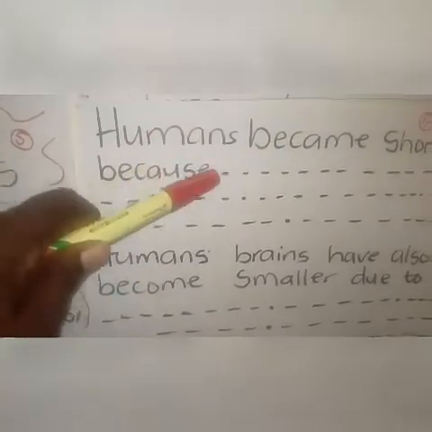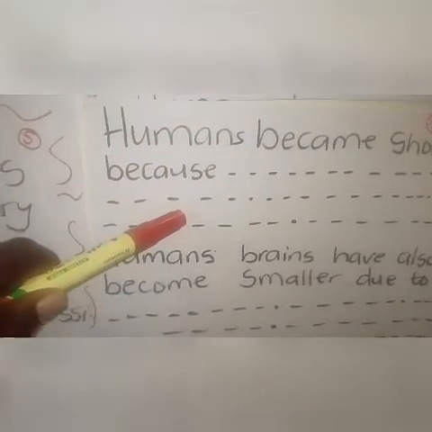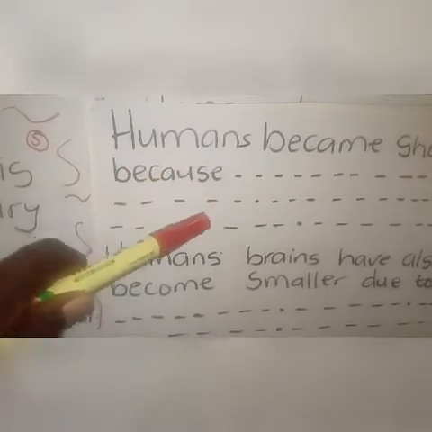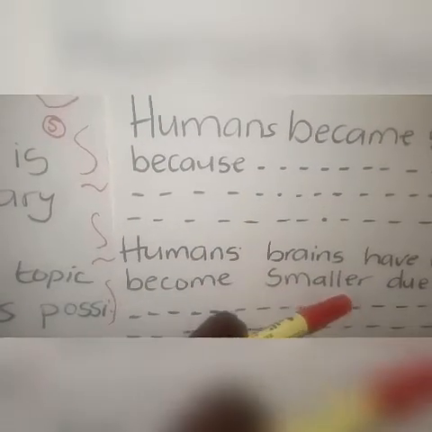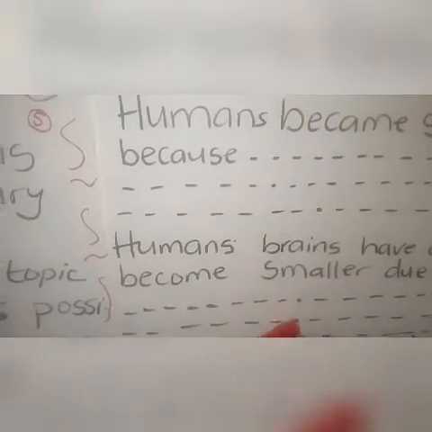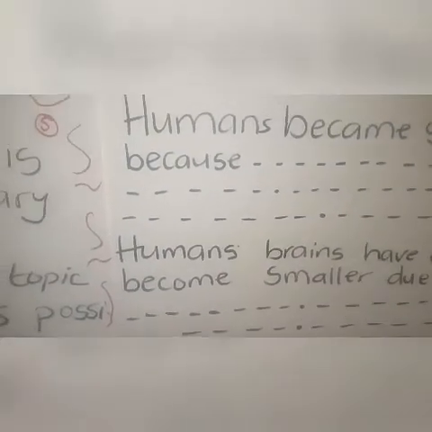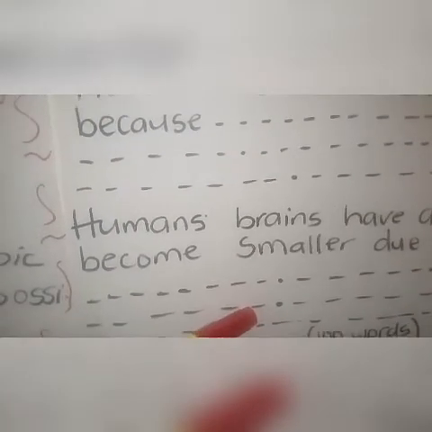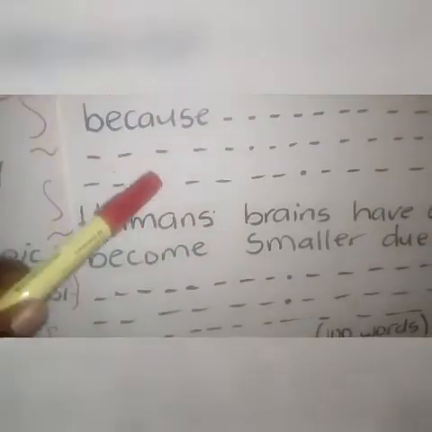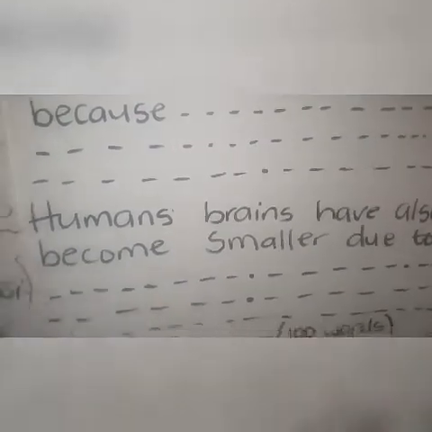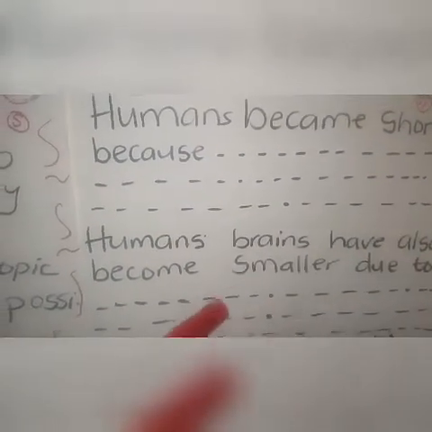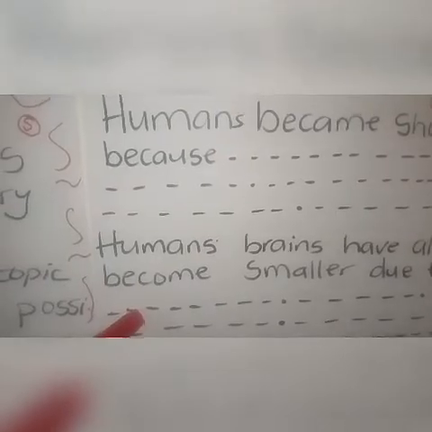After discussing humans becoming shorter and giving my reasons, I moved on to humans' brains have also become smaller due to the work they do, the pressure they receive, genetic mutations, and many other things, depending on what the text is asking you. I did not omit any line. I'm writing in one paragraph. And when I'm done, I've put my words here, 100 words. So I am following the order.